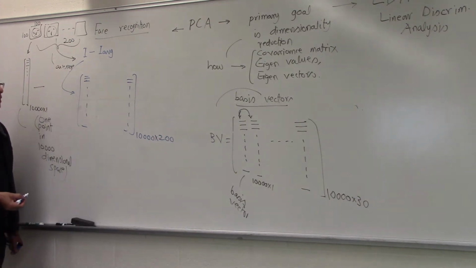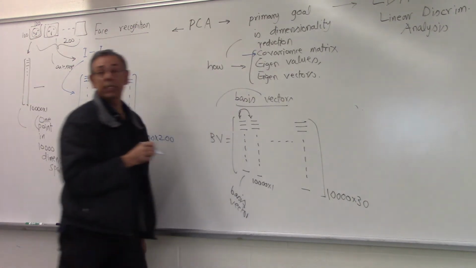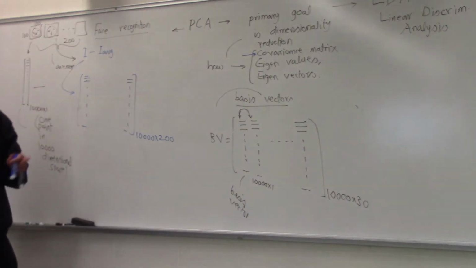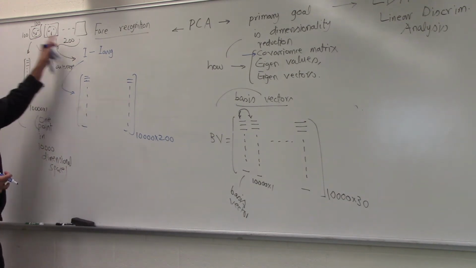Okay, so now we go to the next part. We do the covariance of it so that we can see how each one of these relates with another in our data set.